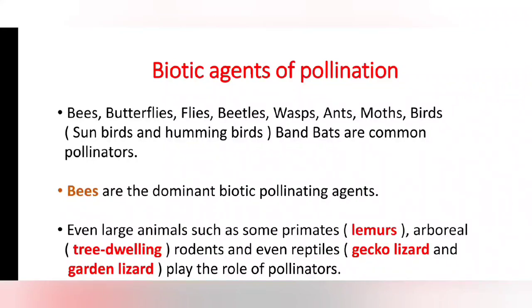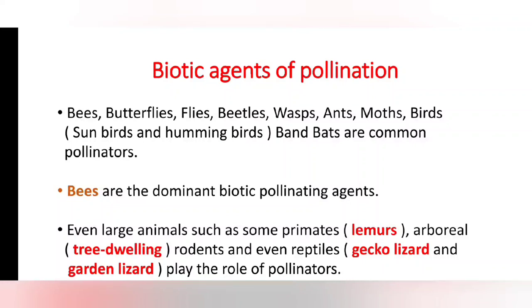Even large animals such as some primates, lemurs, and arboreal, tree-dwelling rodents. What is meant by arboreal? The animals which have trees as their habitats are called arboreal creatures. And even reptiles, gecko lizard and garden lizard, play the role of pollinators.